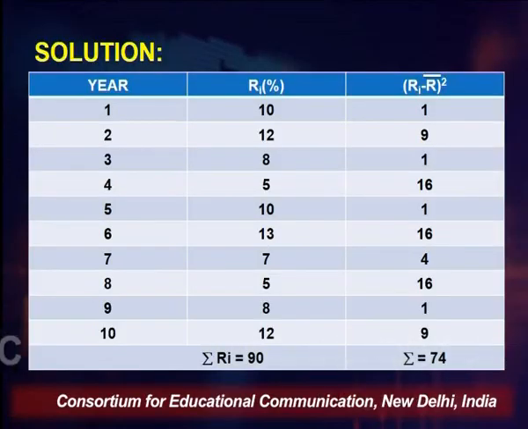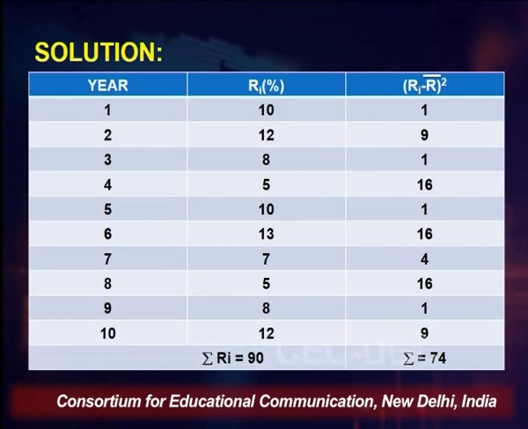First of all, the return is given, you make a summation of the return. Over a 10-year period, the percentage of return given by the asset, you make a summation of it. This comes to be 90. Means when you add 10, 12, 8, 5, 10, 13, 7, 5, 8 and 12, it comes to be 90.